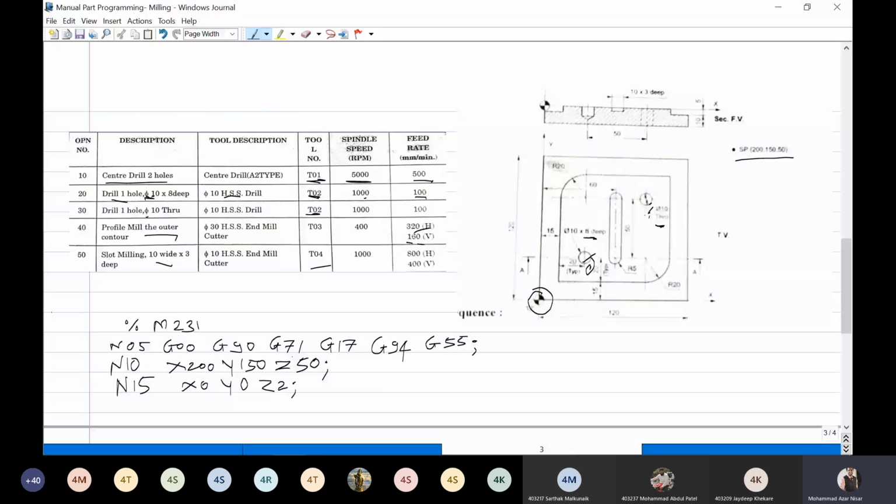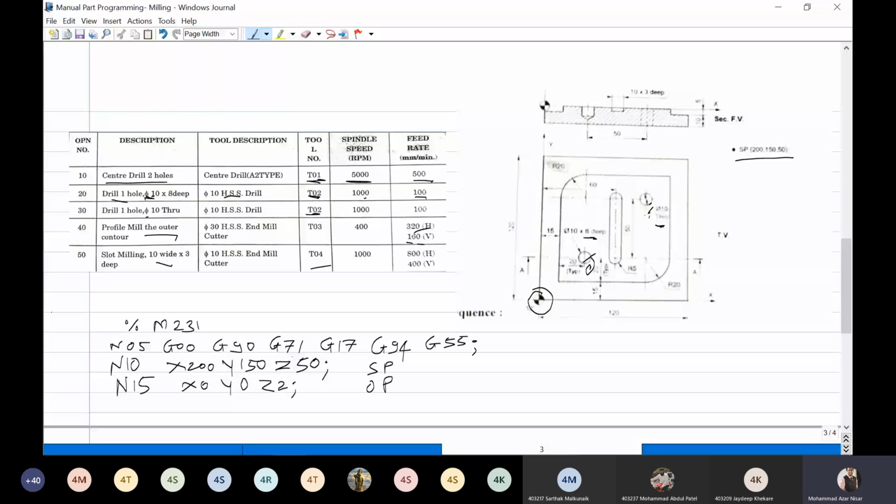just 2 mm above this surface. And the diameter of this profile, first we have to complete the central drill.